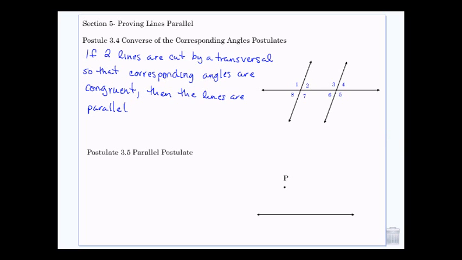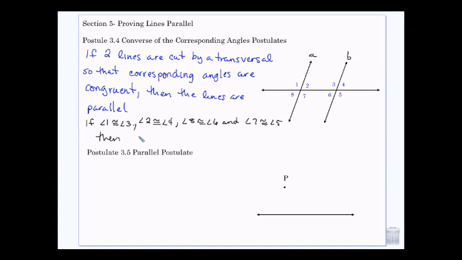So what we have is, if angle 1 is congruent to angle 3, angle 2 is congruent to angle 4, angle 8 is congruent to angle 6, and angle 7 is congruent to angle 5, then, oops, I forgot to name the lines.